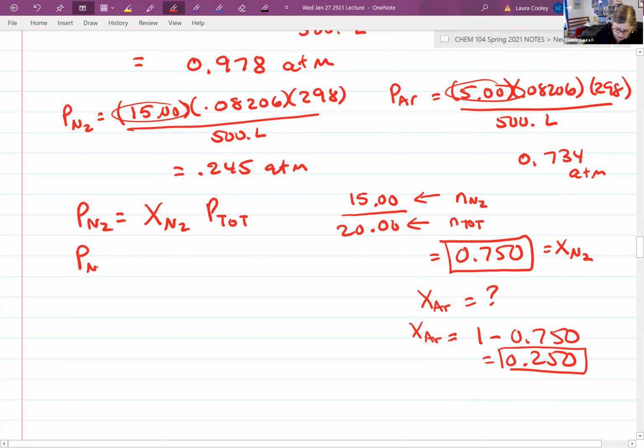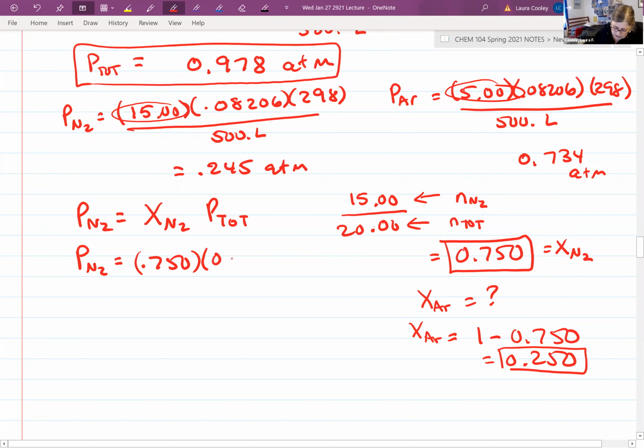So P N2 would be 0.750 times the total pressure, which we calculated right here, or 0.978. This has a unit. The fraction does not have a unit, because fractions are unitless, which comes out to 0.734.